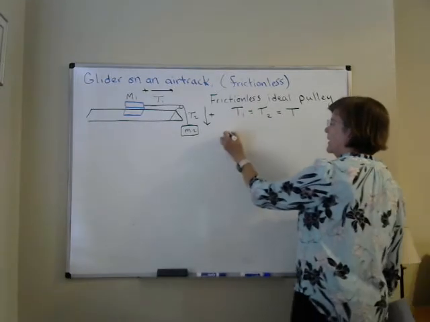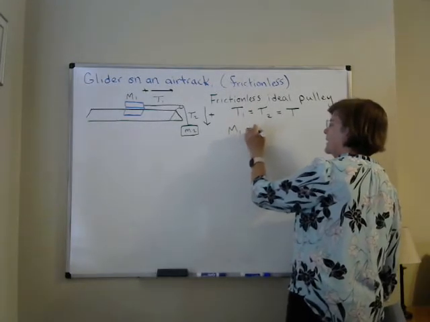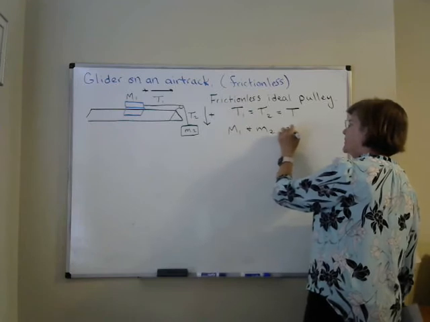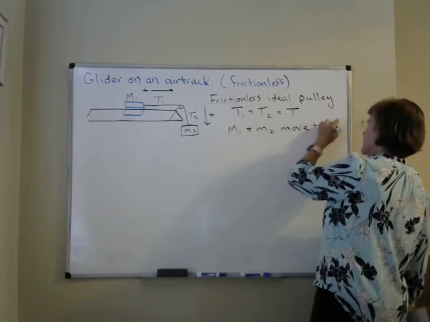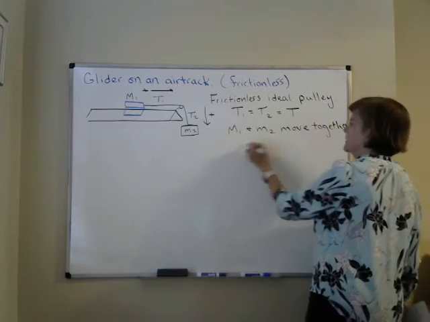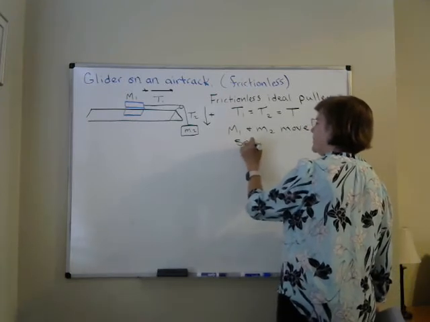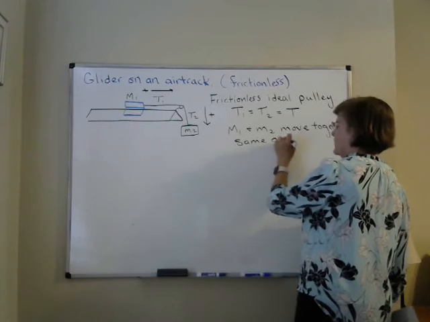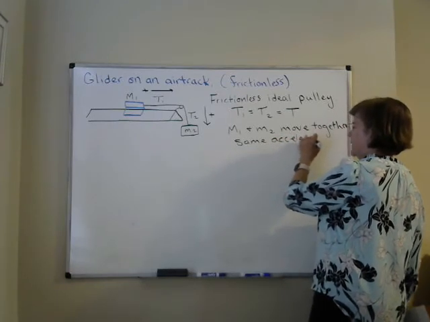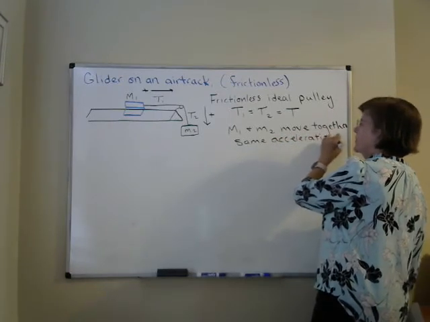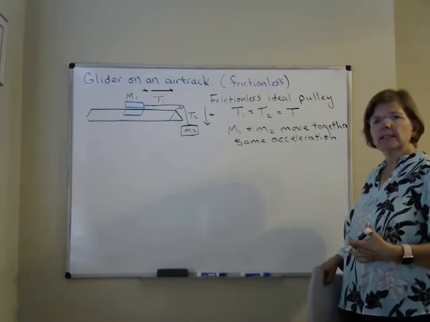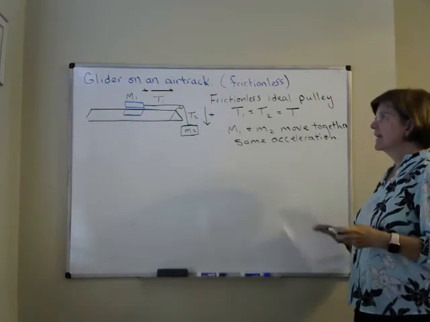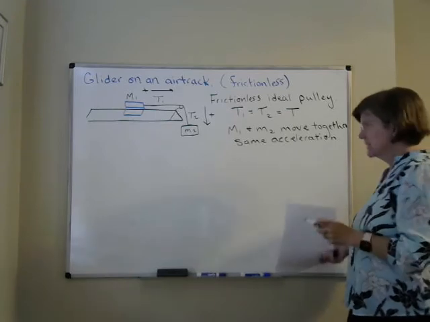So M1 and M2 move together. That means that they will have the same acceleration. That's an important idea. T1 and T2, they have the same tension, and they move together with the same acceleration.